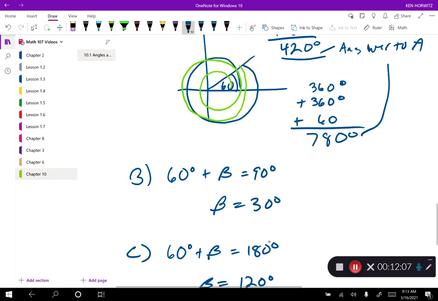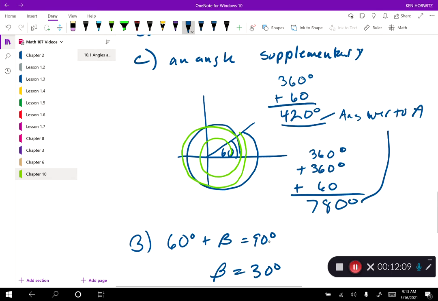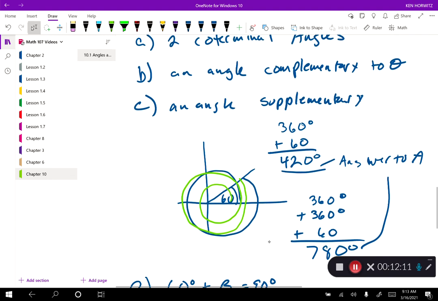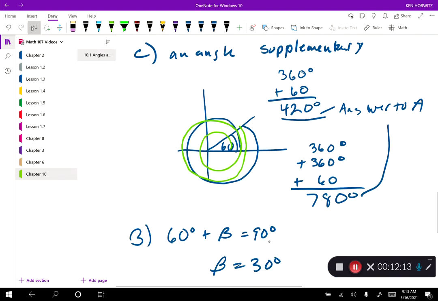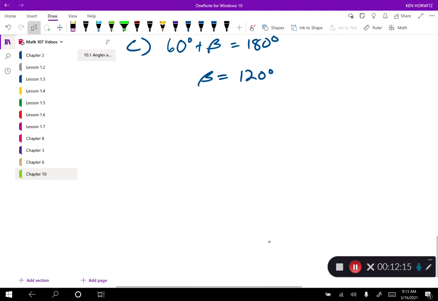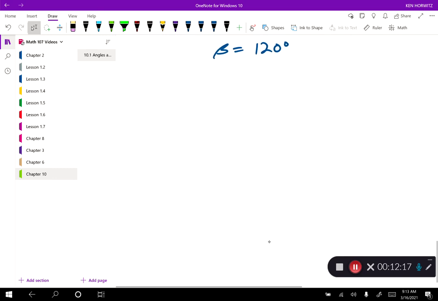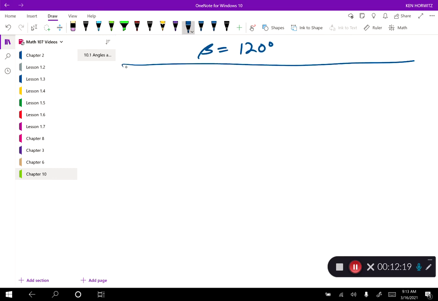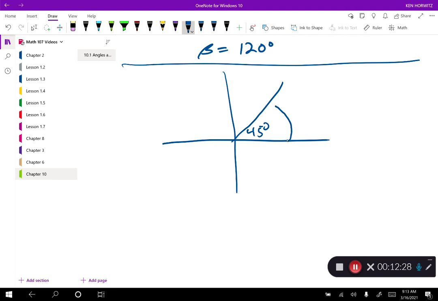Now with my initial A, two coterminal angles, I went around once and twice. Now notice, every time I draw an angle, all right, so let's say I'm going to draw a 45-degree angle in standard position. I'm always going counterclockwise. Well, here's a question.